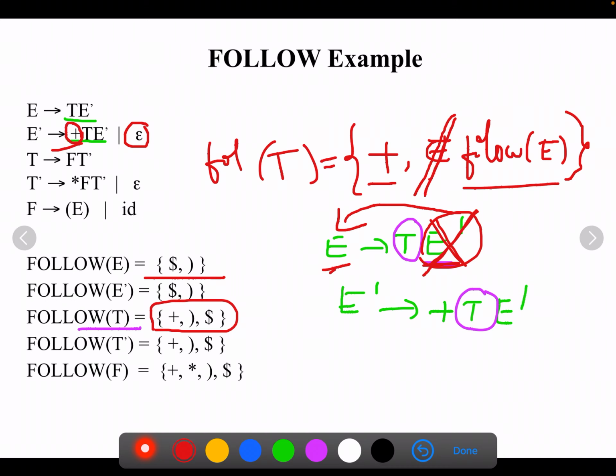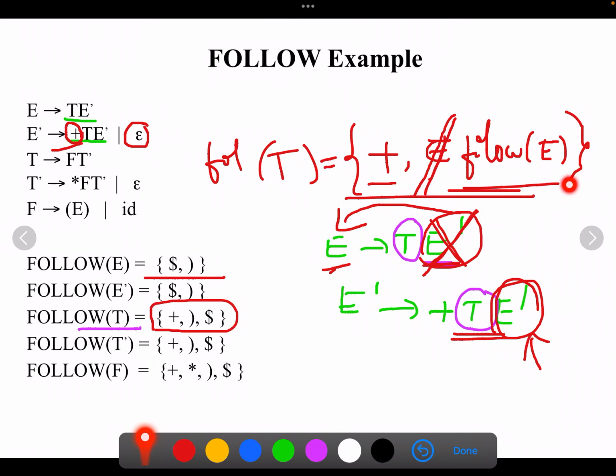Got the point? We will see another example here. After T there is E dash. Okay, who is following T here? E dash. We will see the same thing: is any new symbol going to be obtained here? First of E dash is the same as this, already obtained here, right?